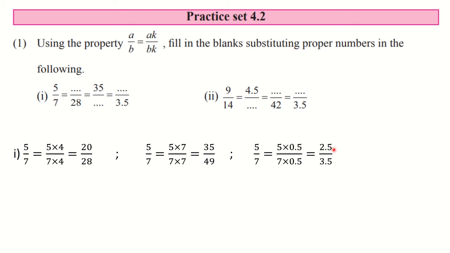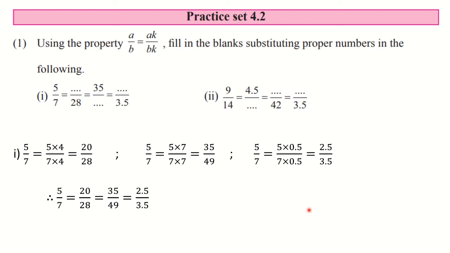So we got the answer 2.5. And finally, we are writing all the ratios together. You have to find it separately, and then you have to write down the final answer here with the missing terms. See, like here you have 20, then here 49 and here 2.5. Similarly, you can solve the second one also.